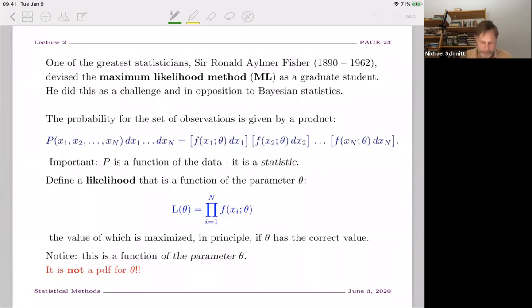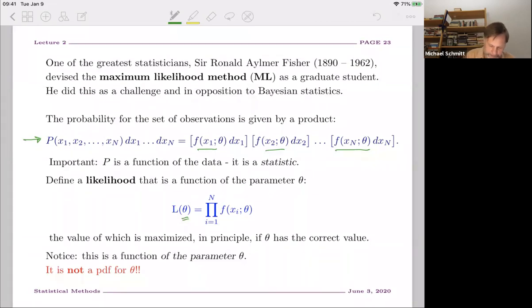Okay, so here's the joint probability function. Now it's a function of a continuous PDF. Doesn't really make any difference. We define our likelihood, which is a function of the unknown parameter theta, as the product of these functions. And we toss the dx1, dx2, dx3, and so on away because they don't really play any role in the calculation.